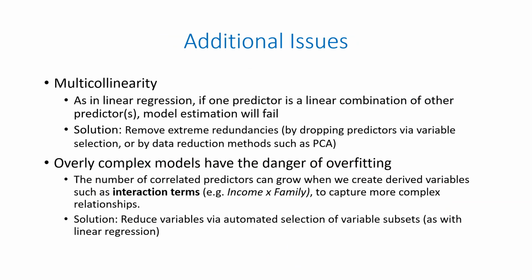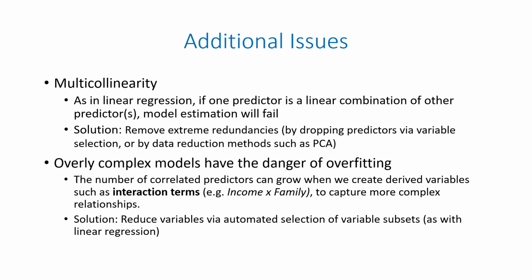Now that you understand how logistic regression works and how to interpret its results and the model function, let's conclude this lecture with a couple of additional issues to keep in mind when using logistic regression. Like in linear regression, one needs to be aware of the problem of multicollinearity when using logistic regression.